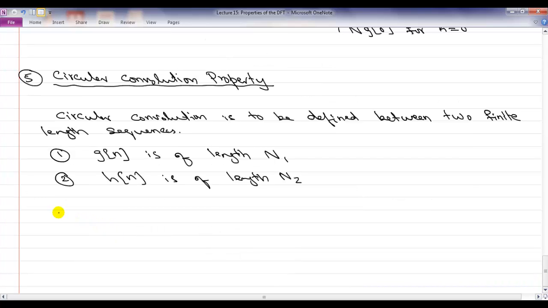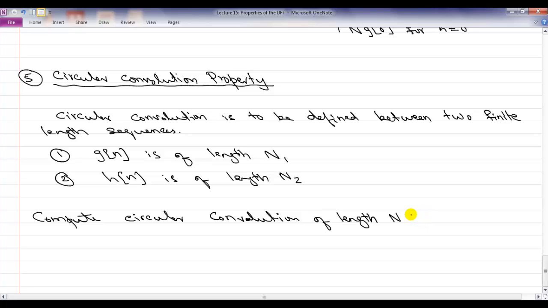We'll say compute circular convolution of length capital N, and the assumption is that capital N is greater than or equal to max of N1 and N2. Okay. So the length of the circular convolution, you will want that to be greater than or equal to the length of either one of the two sequences. Okay. And that is a setup that we have seen earlier too.